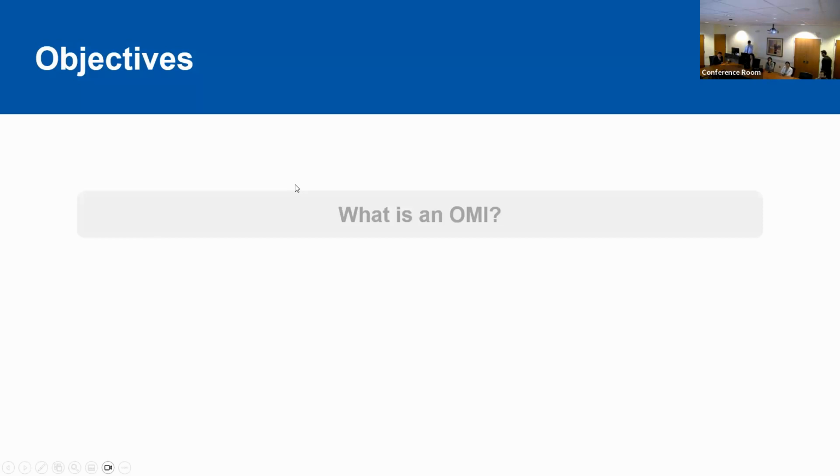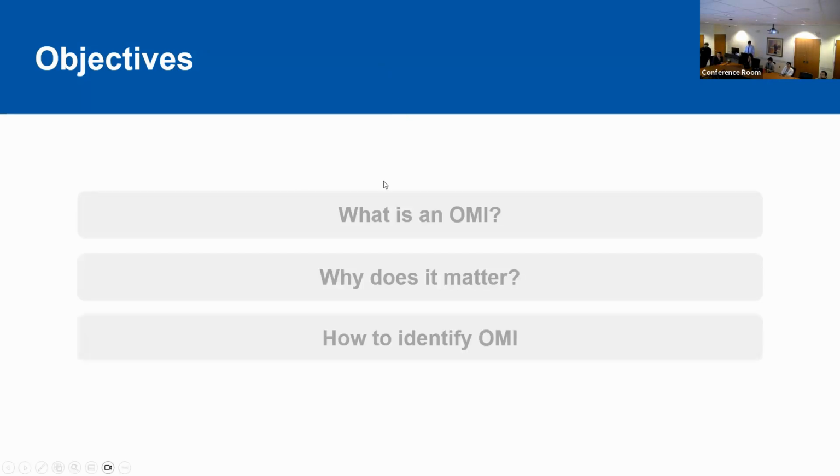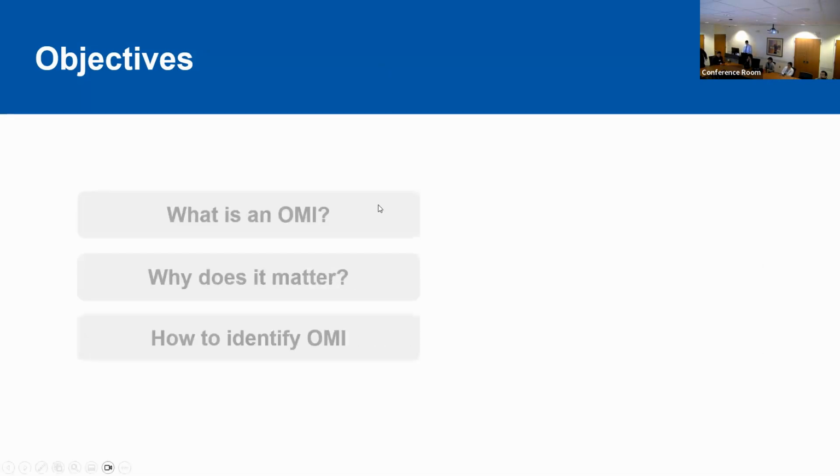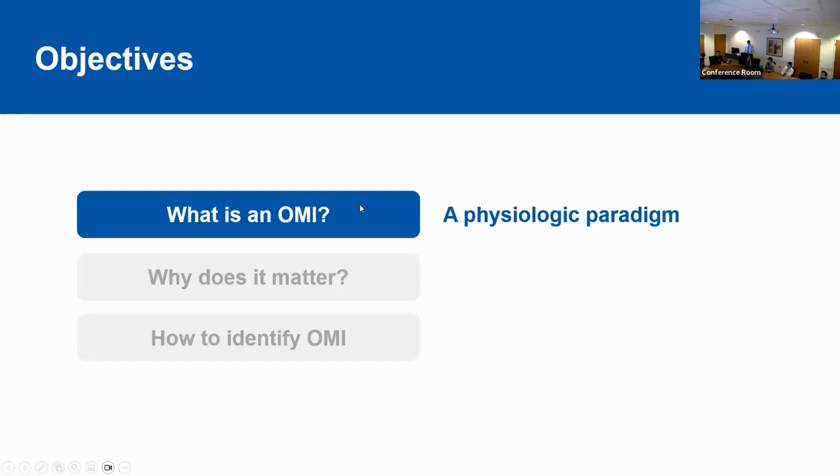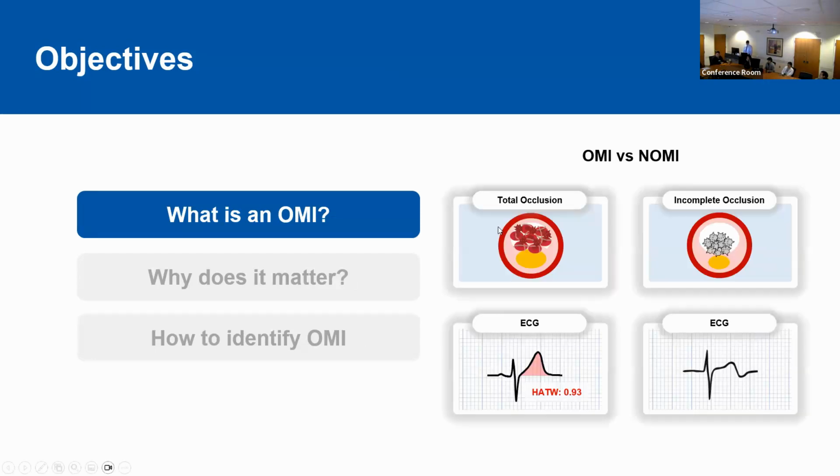And in terms of what we're going to be discussing today, we'll be talking about what occlusion myocardial infarctions are, why they matter, and how to identify them. So in terms of what an occlusion myocardial infarction refers to, it's really a physiologic paradigm that places the underlying pathology at the top of the schema.